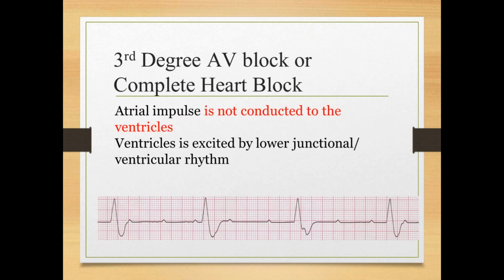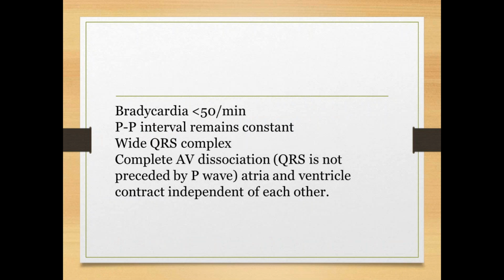Coming to the last AV block, that is the third degree or complete heart block. Here the atrial impulse is not conducted to the ventricles. So the ventricles are excited by a lower junctional or ventricular rhythm. You can see in complete heart block or third degree AV block, there will be bradycardia, heart rate of less than 50 per minute.